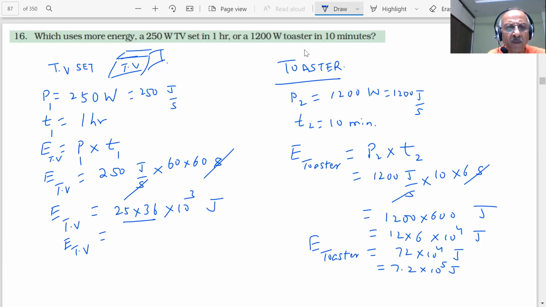What will be this value? Is it coming 9 into 10 power 5 joules? Then which is larger, student? Which uses more energy?